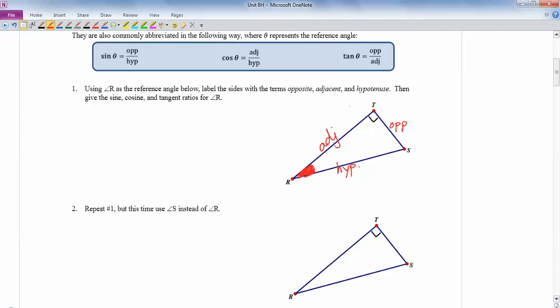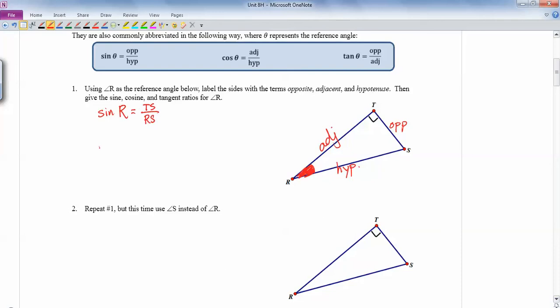So we're going to want sine of R. By the way, sin, cos, tan are abbreviations for sine, cosine, tangent. So sine of my angle, we could call it theta, but since R is already the angle, we can just use capital R here. So sine of R equals the opposite side, which is TS, over the hypotenuse, which is RS.